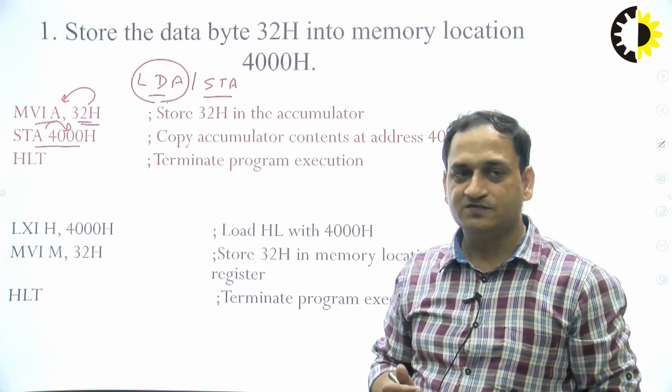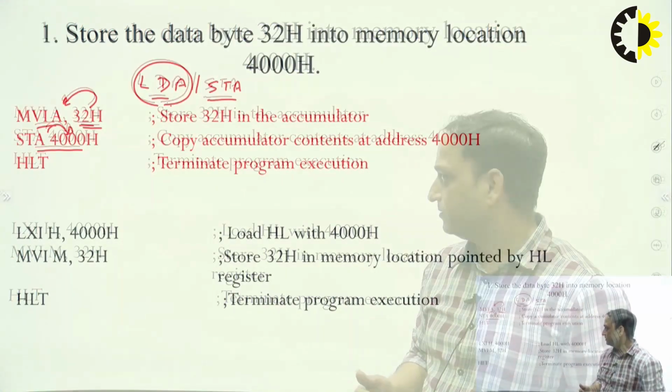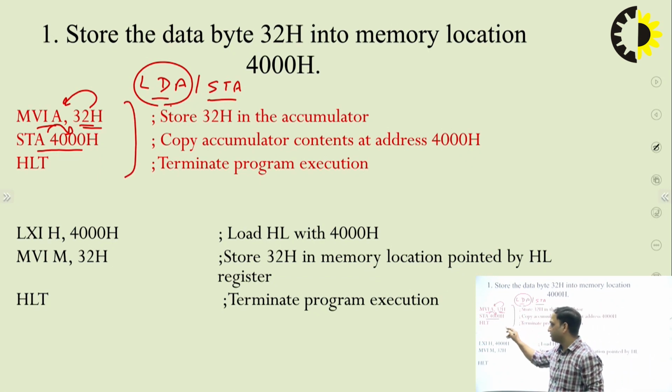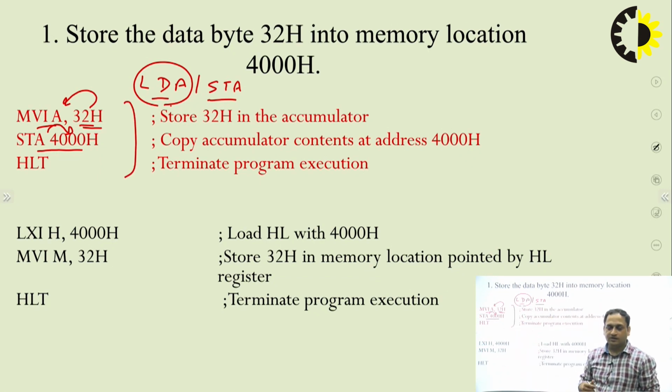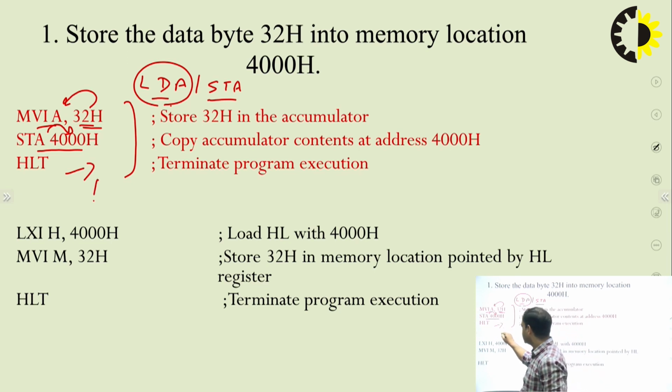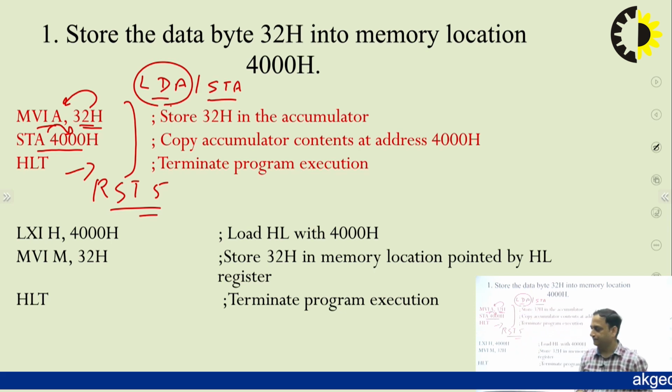We have to take care of this difference whenever we write any program. Then the last is HLT, halt. When we type into any 8085 microprocessor kit, we never write HLT, we simply write RST. Any software interrupt we can write. This is the example to end any program.